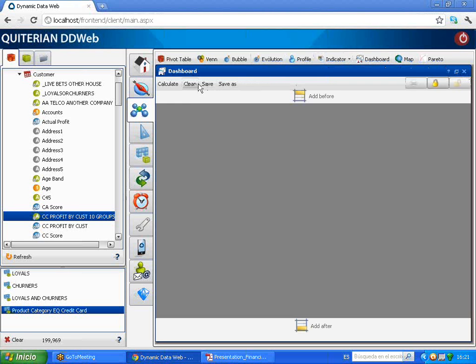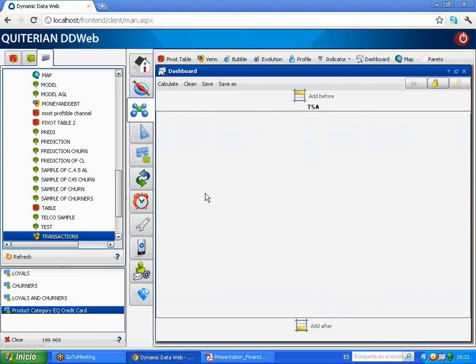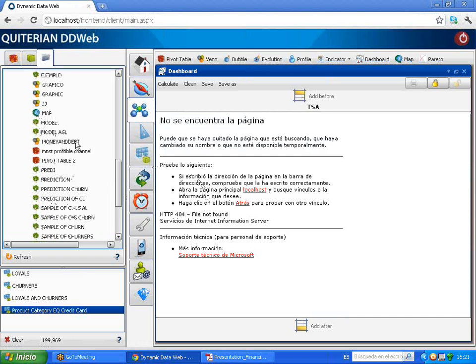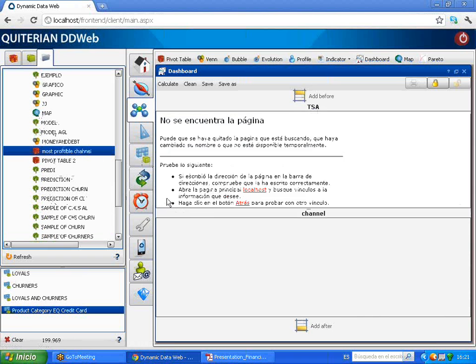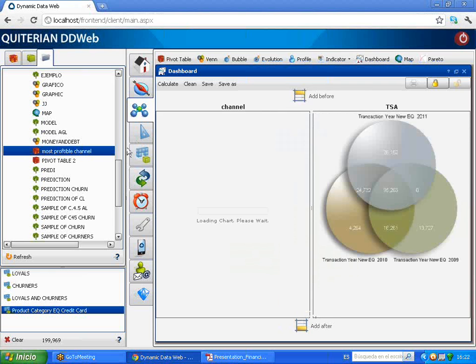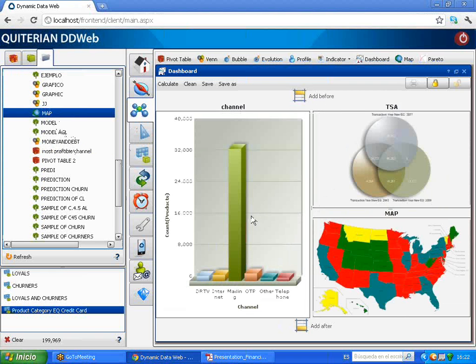Coming again to the dashboard, I can use the transactions that I made before and the pivot table of the most profitable channel, for example, and I can move it if I don't like the place where I put it, or I can use a map. In this case, a map from the States with all our customers.